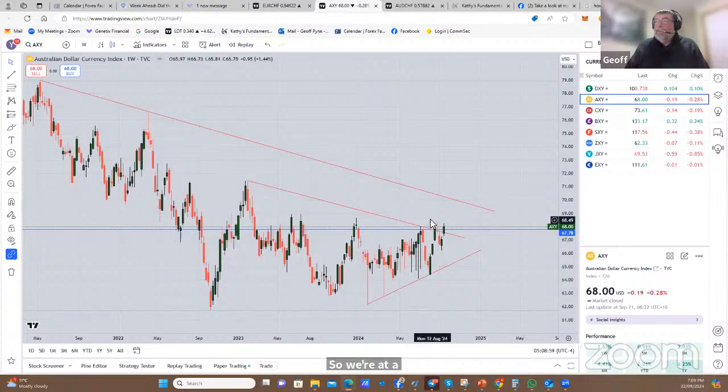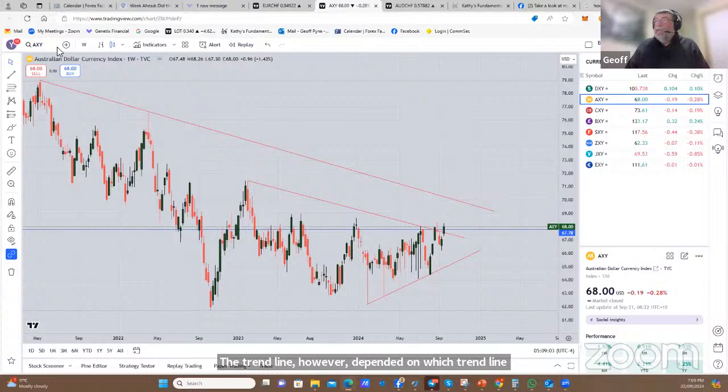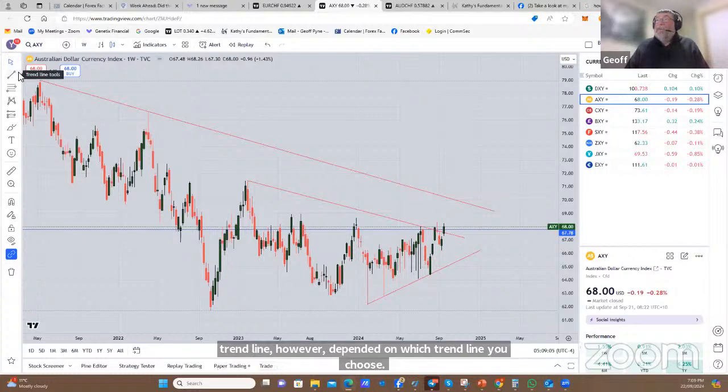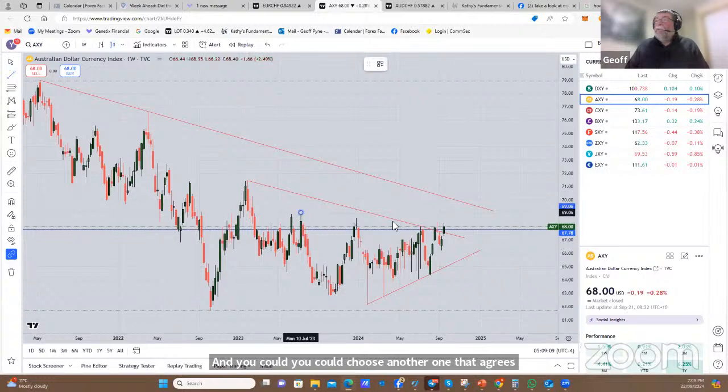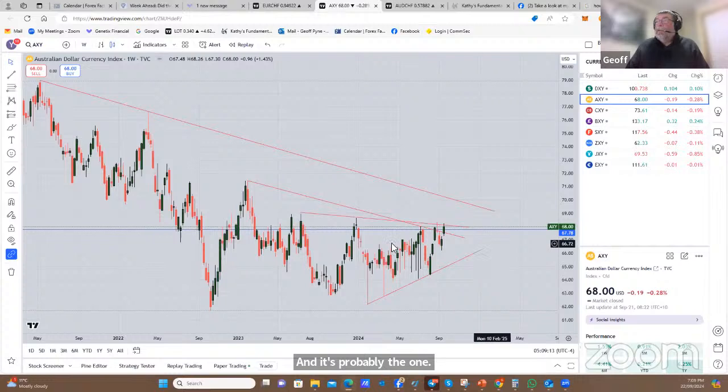The trend line, however, depending on which trend line you choose, and you could choose another one that agrees with the horizontal level, I could certainly do that, and it's probably the one to take notice of. The fate, if you like, of the Aussie dollar for this week will be determined, in my humble opinion, by what the RBA says.